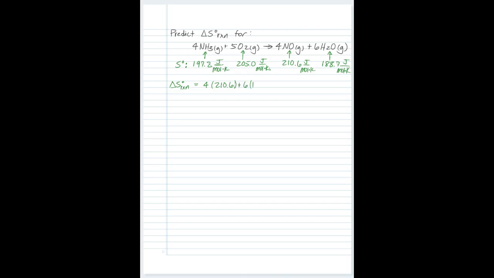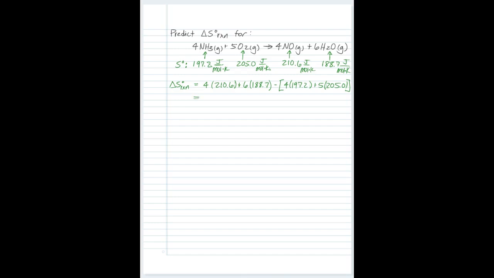Plus 6 times 188.7 minus 4 times 197.2 plus 5 times 205.0. Now I could have left out the brackets and just said minus 4 times 197.2 and minus 5 times 205.0. That comes out to be the same thing algebraically.